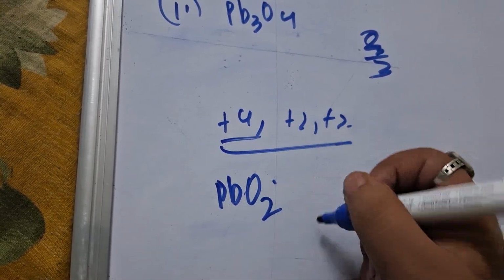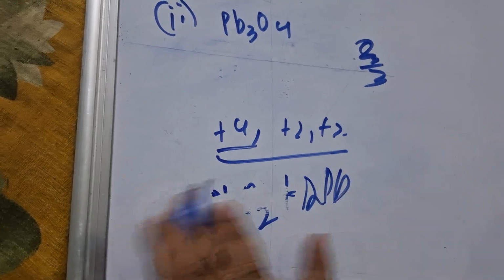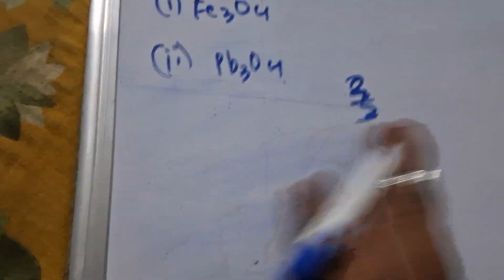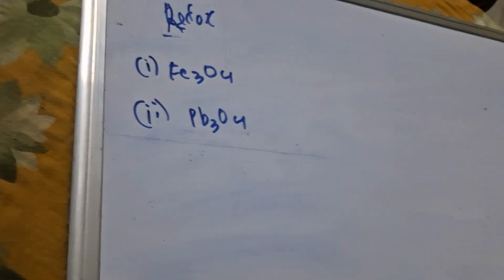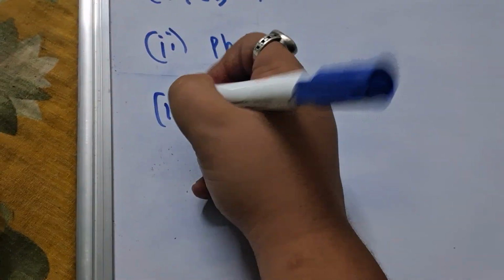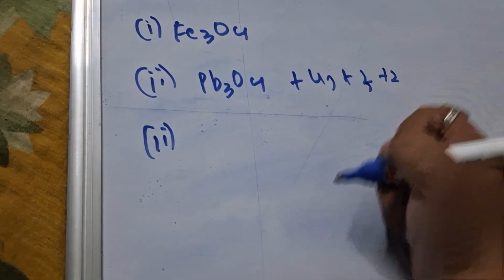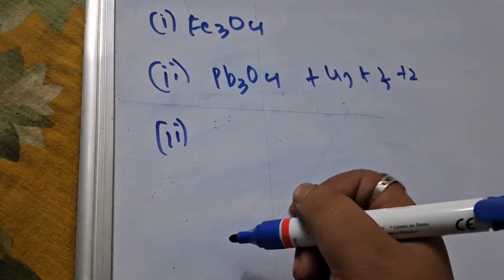PbO2, that is plus 4. But we don't have enough oxidation for it. It's something. I'm forgetting. This is plus 4, plus 2, plus 2. That I remember. I don't remember how it is though.